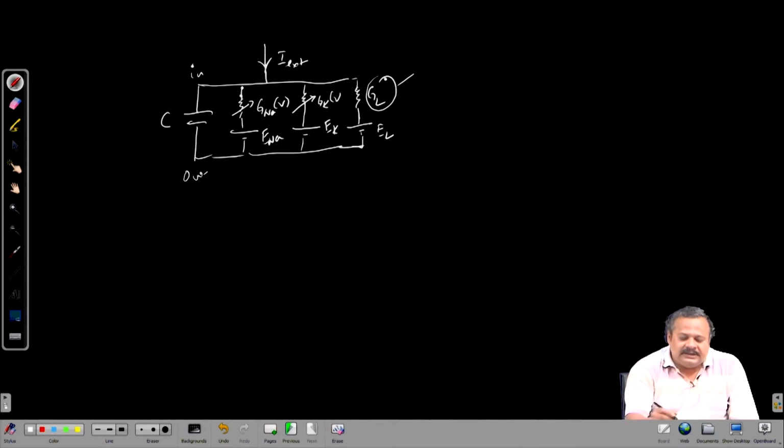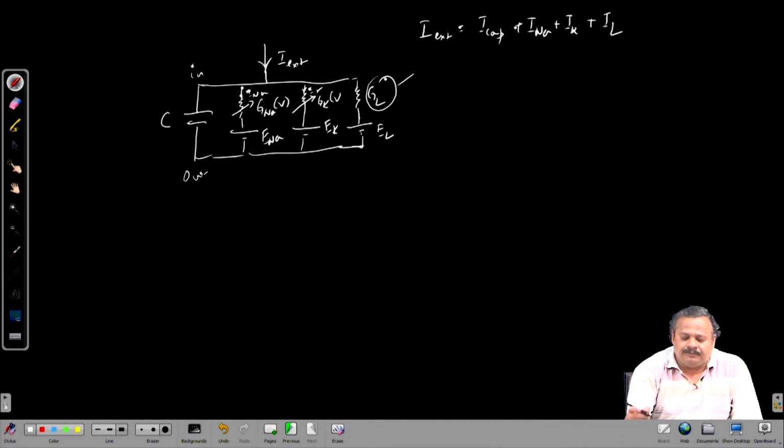Exactly in the same way as we did for the leaky integrate and fire, if this is I_Na and this is I_K, we have I external is equal to I capacitor plus I_Na plus I_K plus I_L.